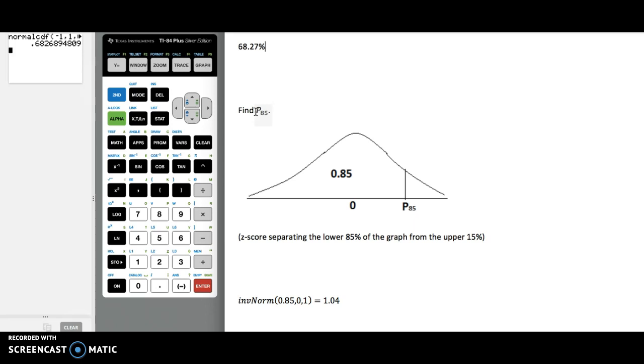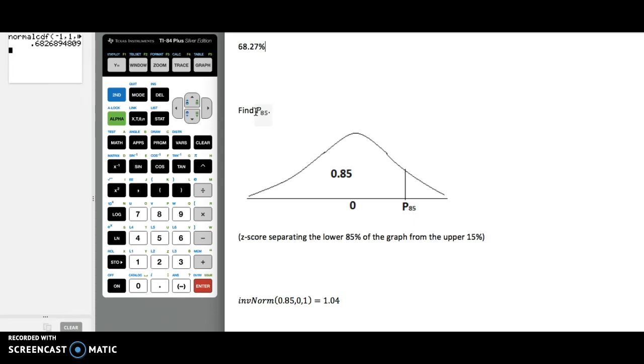And so if 85% of the graph is below this number, and we know the total area of the graph is 1 or 100%, well, what's left over? 15%. So we're looking for a z-score separating the lower 85% of the graph from the upper 15%.